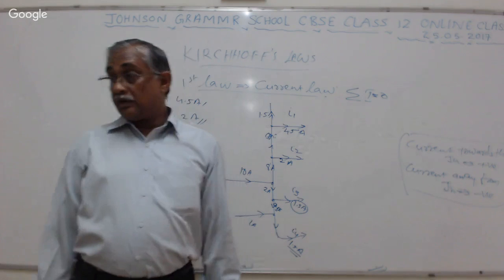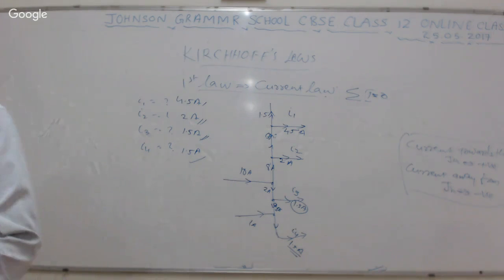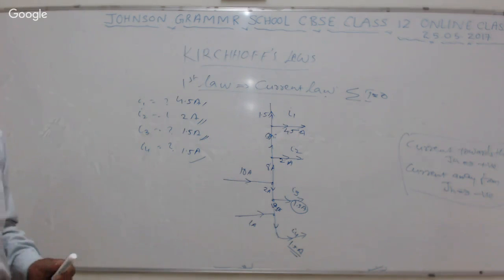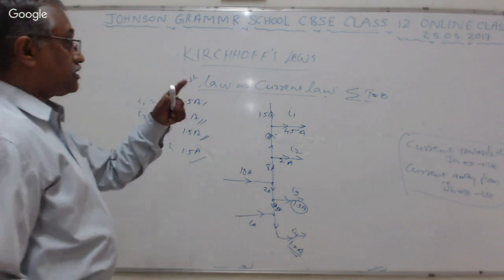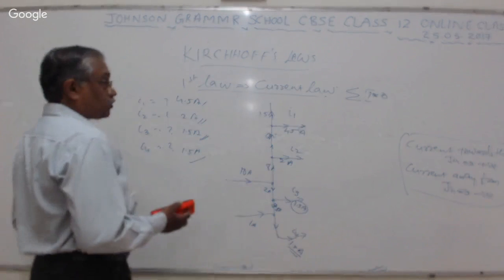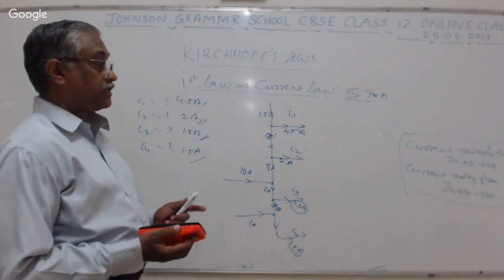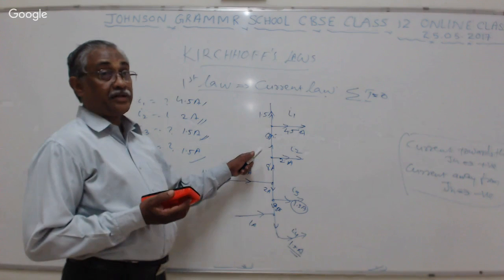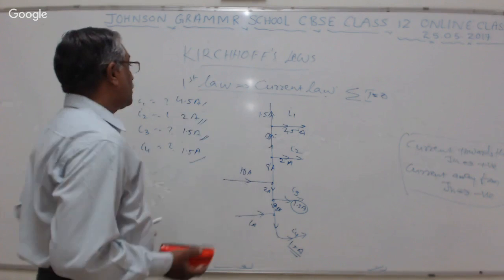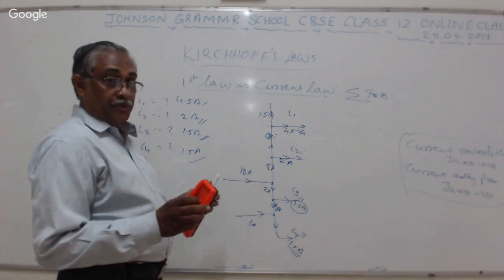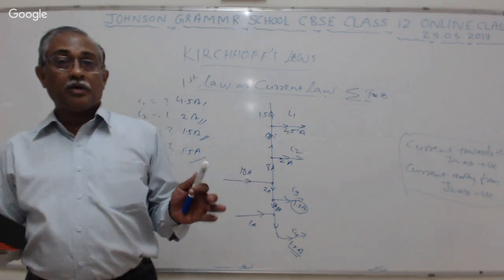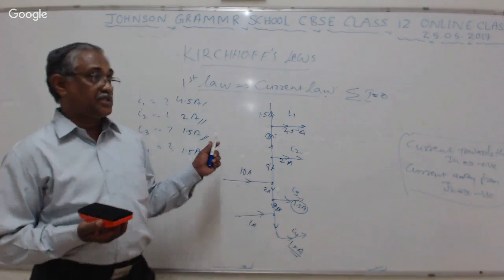It clearly follows the law of conservation of charge. Very easily we can say that no charge is residing at a junction in a network where current is flowing. I hope it is clear about Kirchhoff's first law, the junction rule.